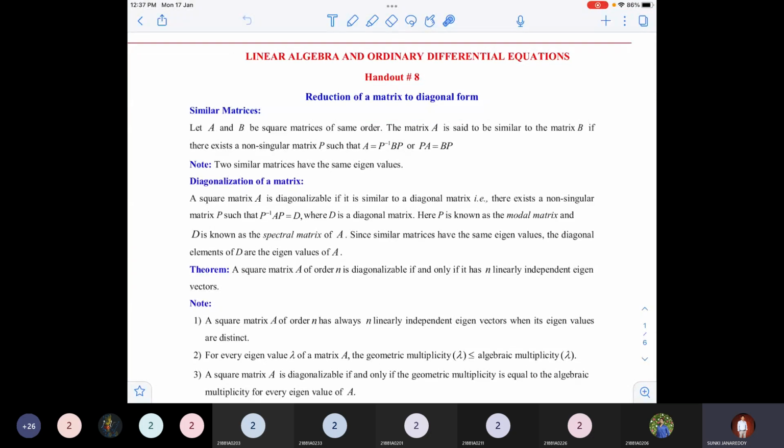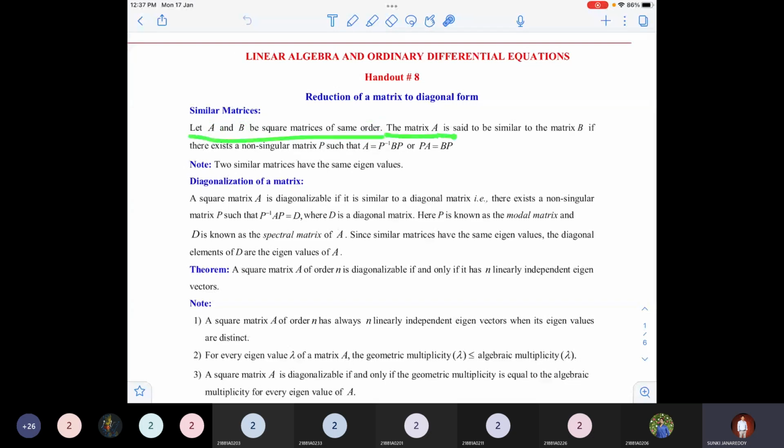Okay, all of you listen to me carefully. What are similar matrices? Remember this definition, Anna. Let A and B be square matrices of the same order.